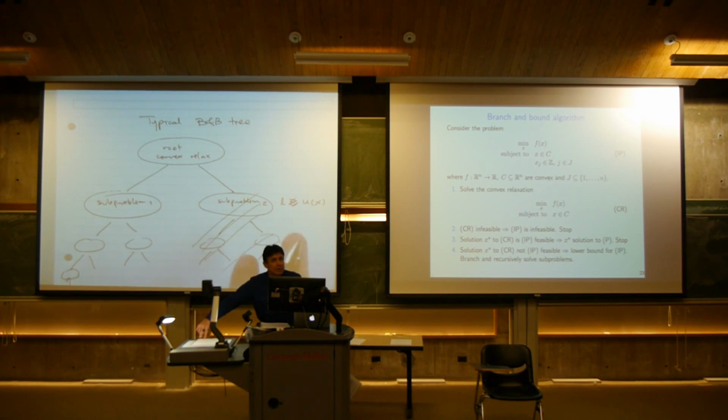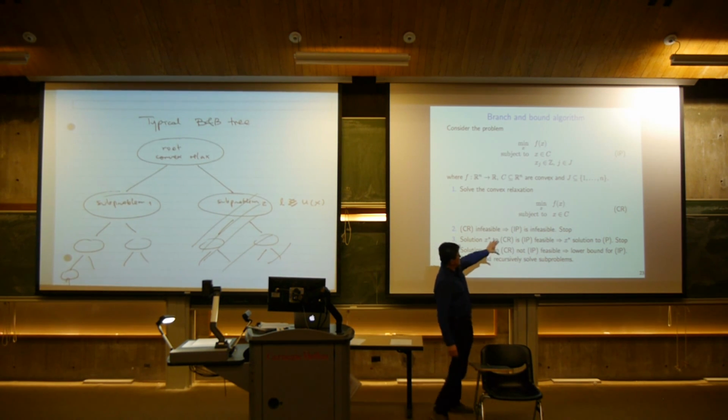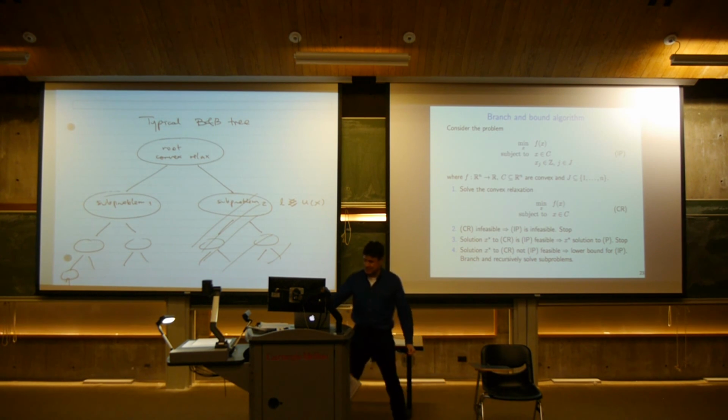There is no need to explore all of this part of the branching, because from this point onward, if the lower bound of this subproblem is bigger than U of x, whatever solution I find here is going to be worse than this solution here. So I can discard all of that. So that is the basic idea of branch and bound. And that is how, with many more bells and whistles, we can solve integer programs.